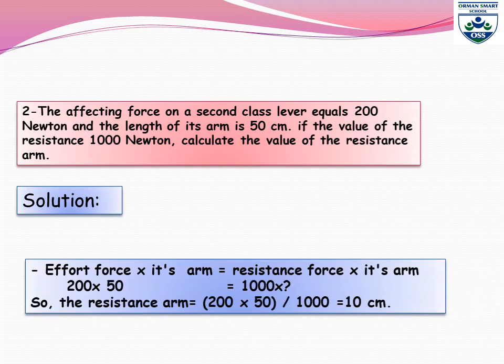Solution. According to the law of lever, F times its arm equals R times its arm. So the resistance arm equals 200 times 50 divided by 1000. The resistance arm is equal to 10 centimeters.